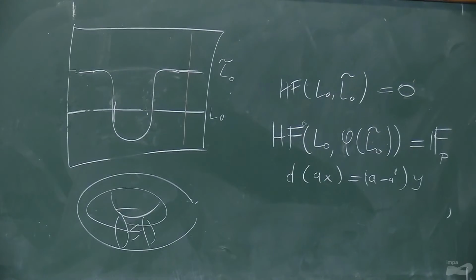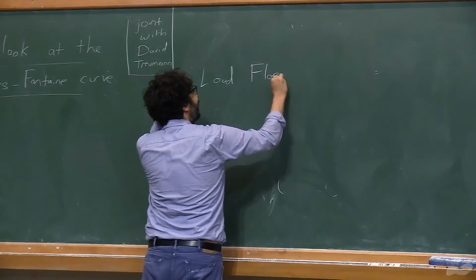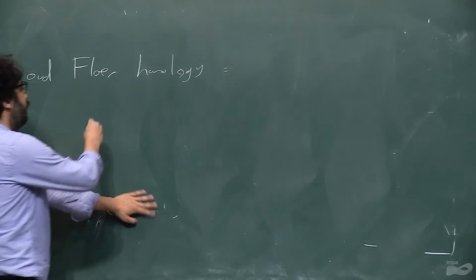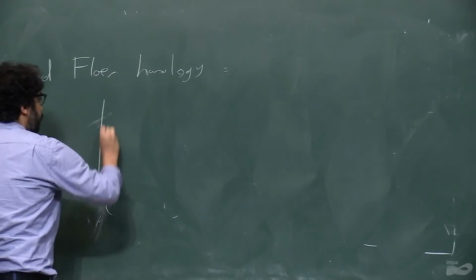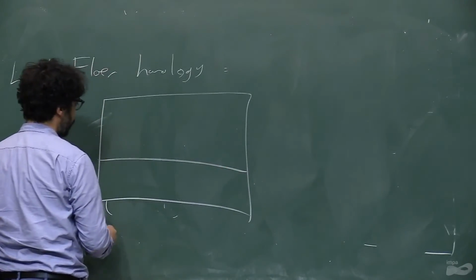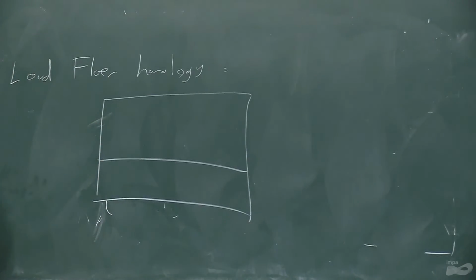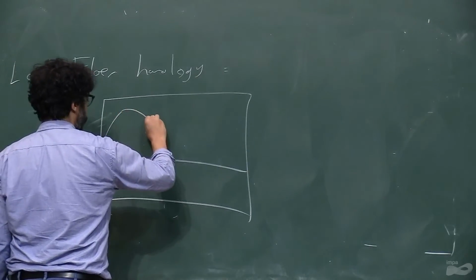So we coined a term for this. We call it loud Floer homology. What it means is that we take this one, and then we increase the volume by doing this.